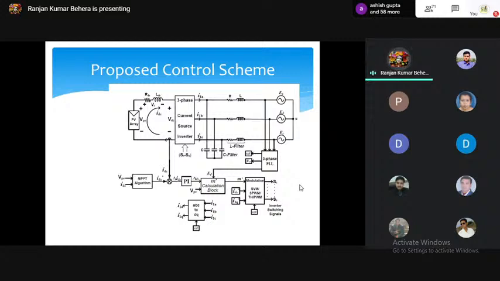Now the control scheme is very important when you need to design the control. First thing is, you see here, this is a PV system, and we want MPPT.